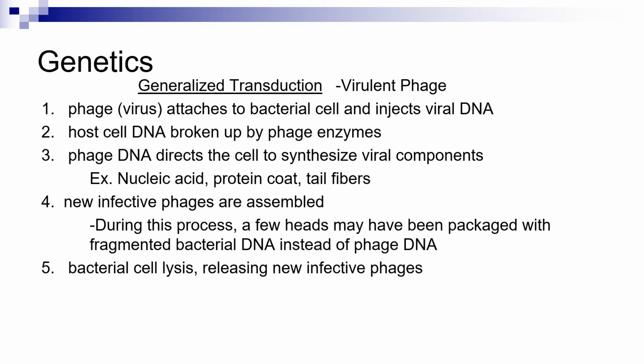And when that bacterial cell lyses, it's going to release all these new infective phages. If at that point, one of those phages that has now the bacterial DNA goes to a new bacteria and inserts that new genetic material into another bacteria, if that bacteria is not destroyed, then there is new genetic material that has been inserted in that bacteria.